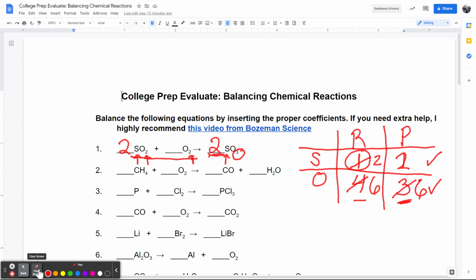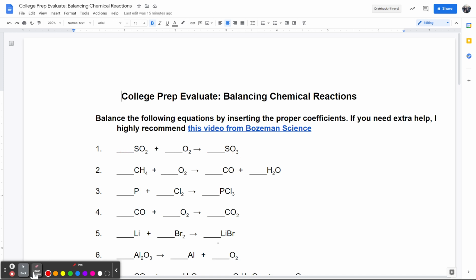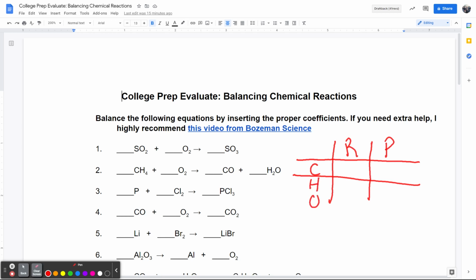Okay, now if I looked at my next question, and I'm just going to get you started on this next question, I'm going to break that into my reactants and my products. And what are the elements that I have? The elements that I have in this reaction are carbon, hydrogen, and oxygen.